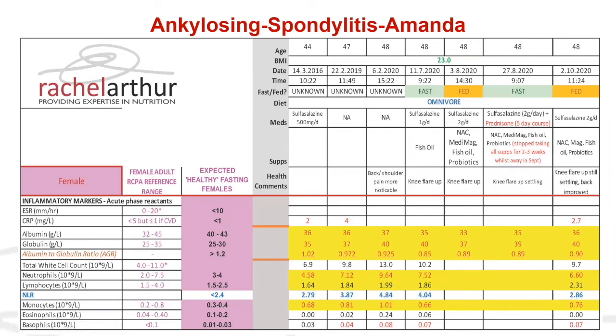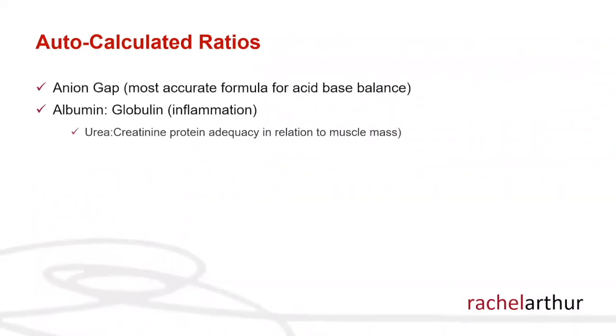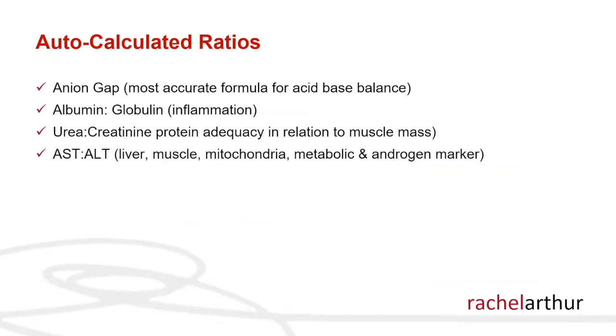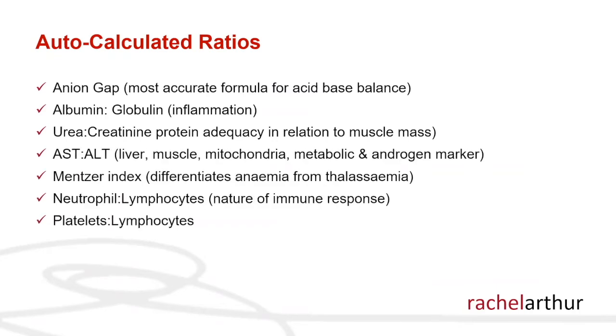It screams loudly that there is innate immunity excess here and a lot of damage to the host along the way. So the calculated ratios within the patient pathology manager are many. These are the key ones. And as I said, it adds another layer, a profound layer to the full take home you are going to get from your patient's results.